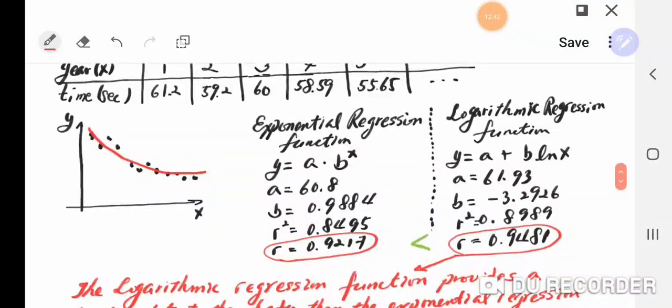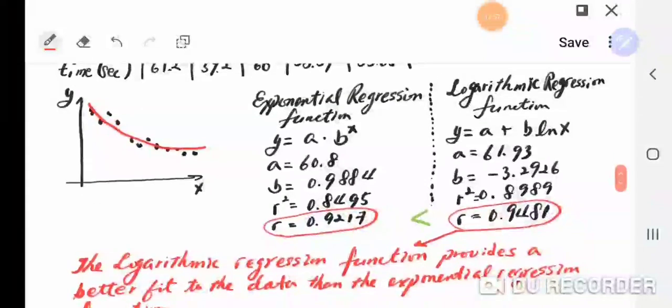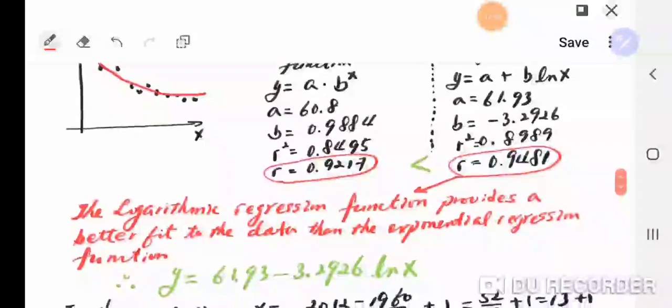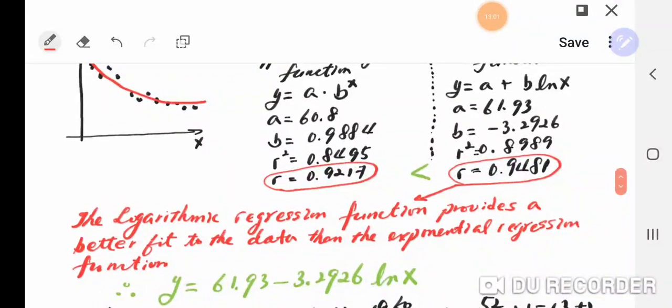It's not actually close to 1, but it's more than 0.94, and the other one is 0.92. Since 0.94, the correlation coefficient of the logarithmic regression function, is larger than the other one, we may say that the logarithmic regression function provides a better fit to the data than the exponential regression function.